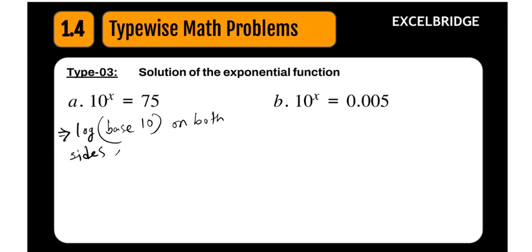So taking logarithm base 10 on both sides, we get log 10 to the power x equals log 75.